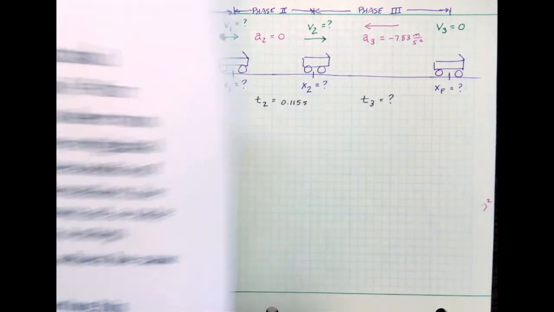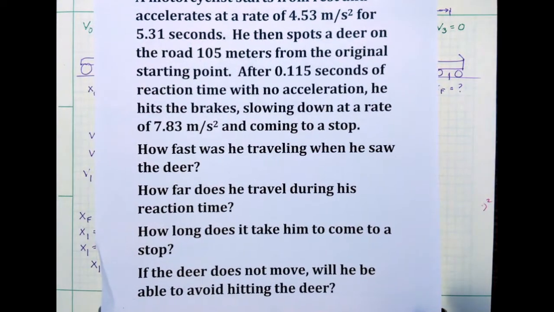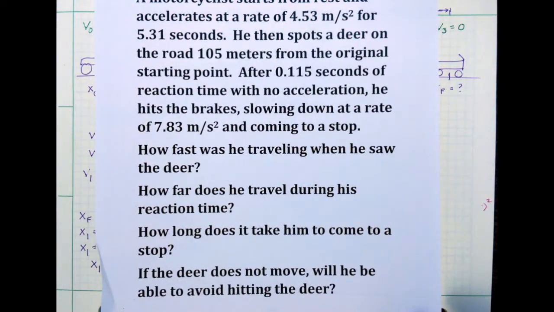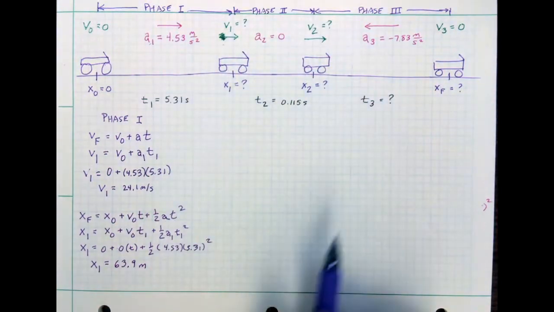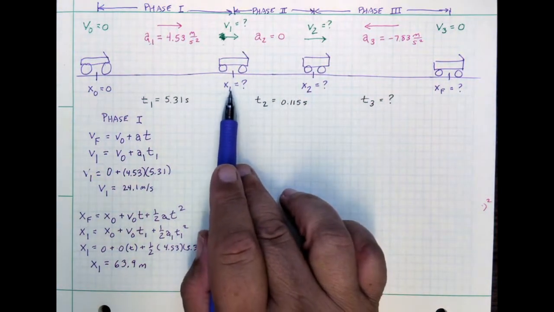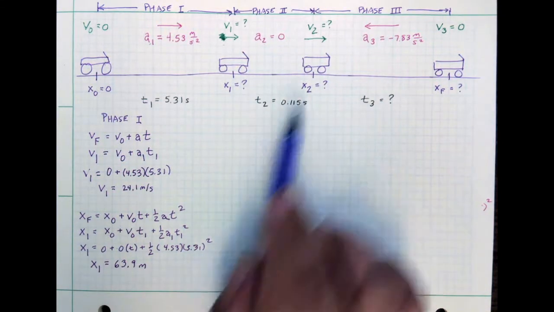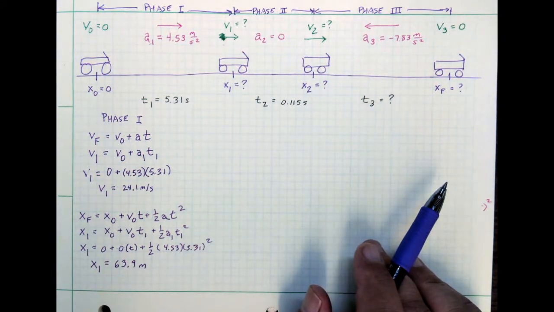Addressing the second question, we are asked, how far does the motorcycle travel during the reaction time? Well, that's going to be phase 2, and so we're essentially asked for the difference between the position at the end of phase 1 and the position at the end of phase 2.